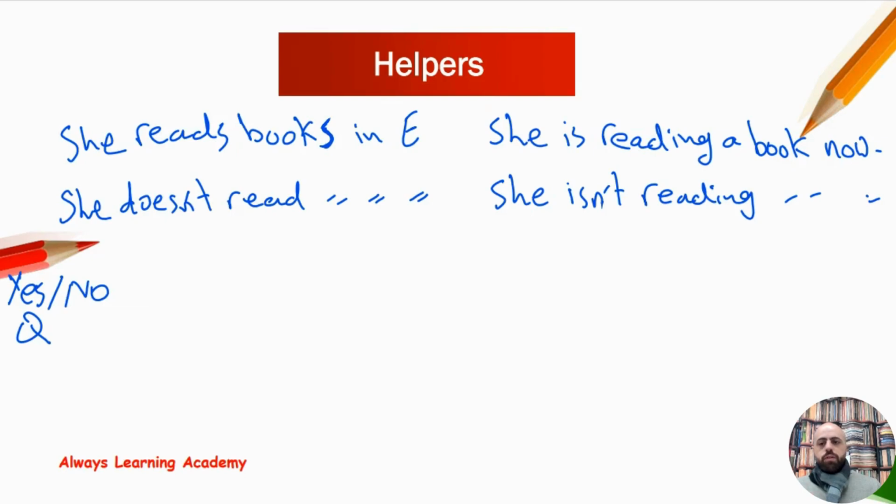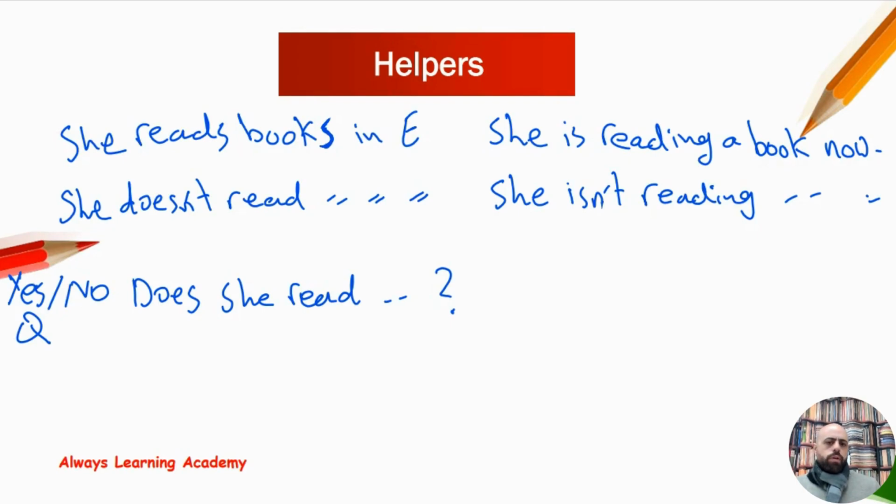So in simple present, since the subject here is she, we say, does she read books in English? Of course, question mark. So always switch. You have the helper first, then the subject. If you are asking someone, do you read books in English?